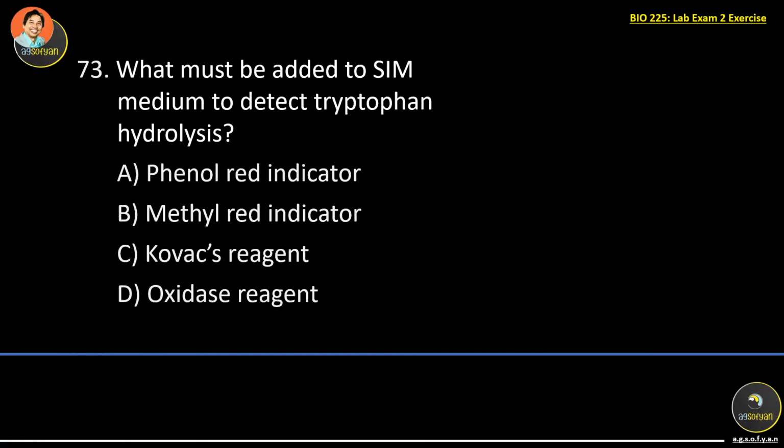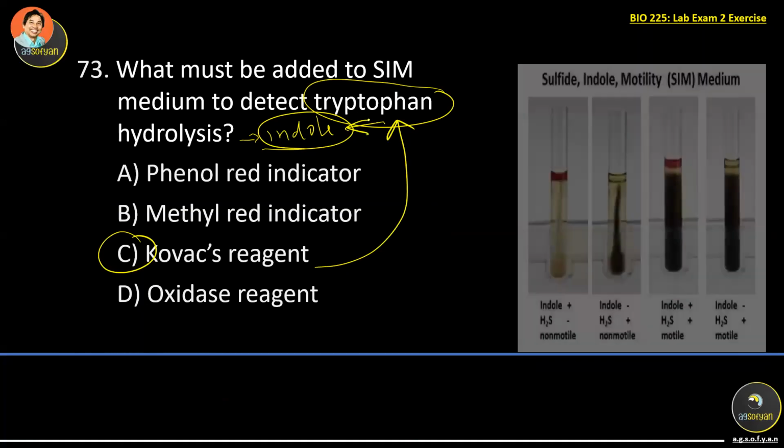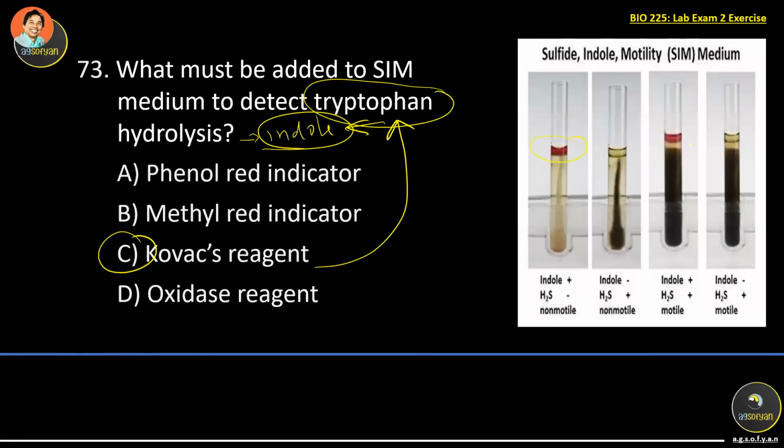What must be added to SIM medium to detect tryptophan hydrolysis into indole? Okay, so what we need, the reagent is called the Kovac reagent. So Kovac plus tryptophan will produce this indole. Okay, so this is a positive result.